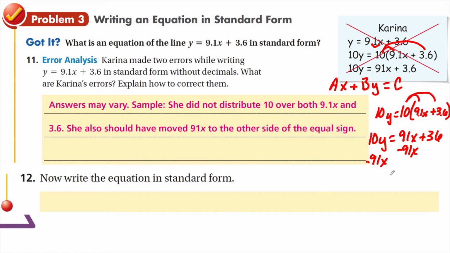And then that will equal the 36 at the very end. And if we were to rewrite this, we're going to keep that negative as the negative 91x, and we're going to put that on the outside, so negative 91x plus the 10y, which is shown right here, is going to equal the 36. Great work.